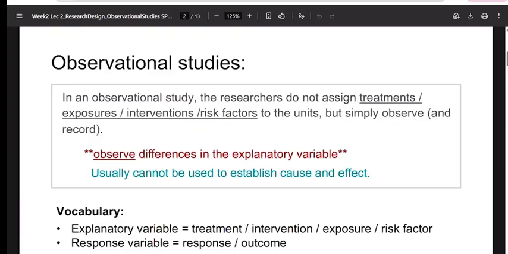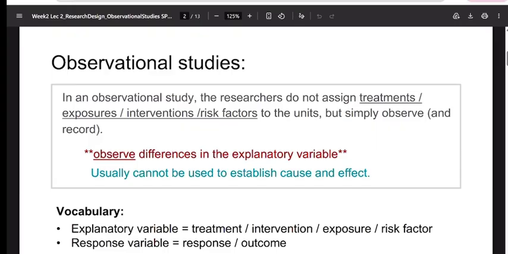But the most important of that is randomization. So randomized experiments are expected to have a very strong statistical power. And of course, we can actually use that to conclude on causation.